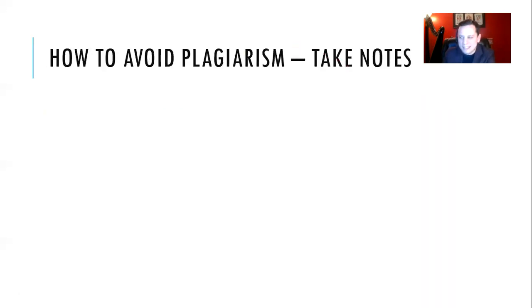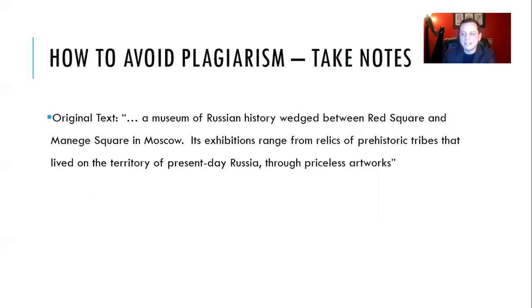But let's take that same original example and see how we can avoid that from happening. So we have this original text, there's nothing wrong with it. How can we avoid it? We take our trick with a piece of paper or a separate document on Microsoft Word, however you like to work, and we make point form notes.